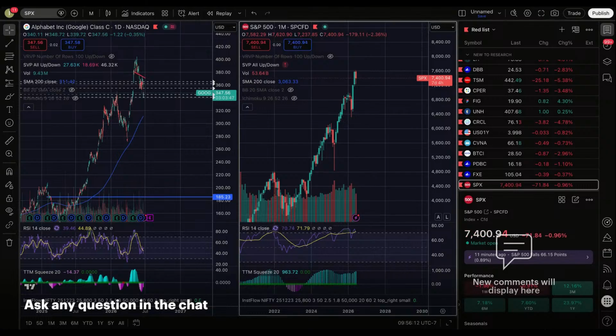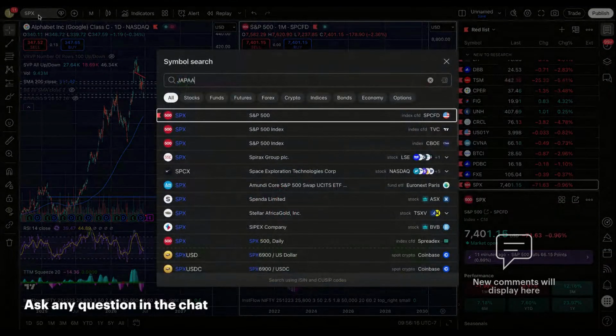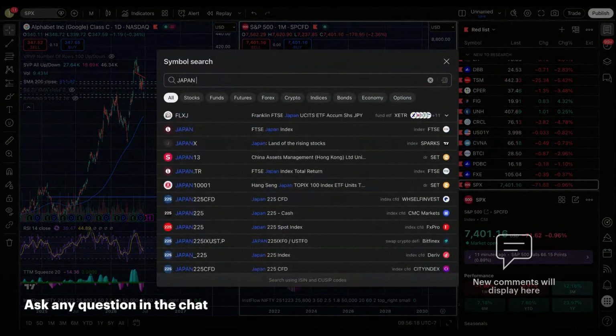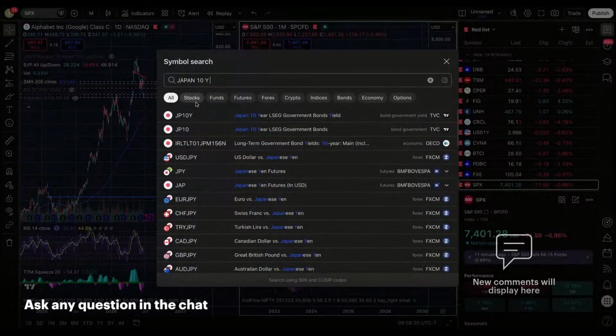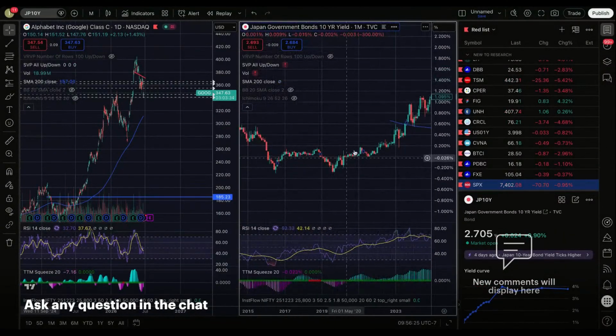If you don't know what the carry trade with yen was, Japan's 10-year yield was super low for decades. You could basically borrow money almost for free.